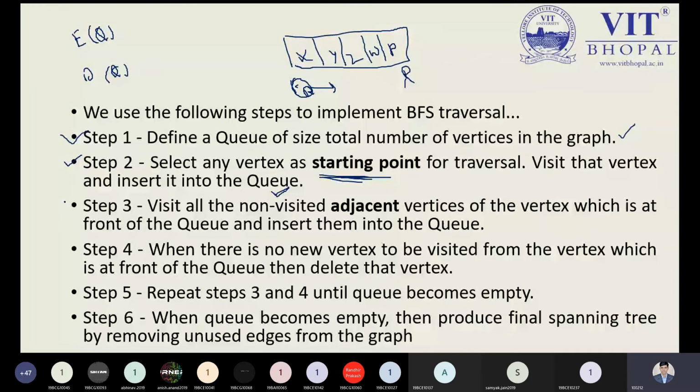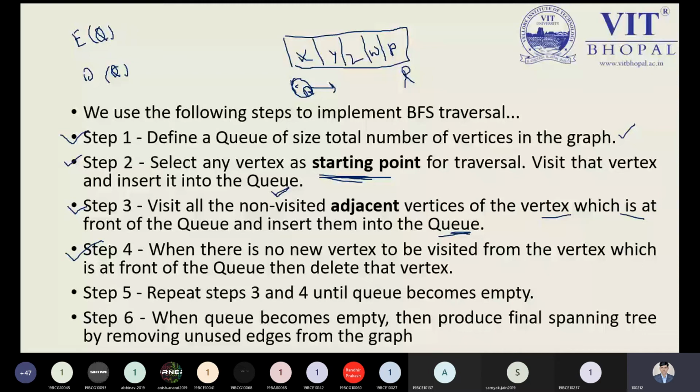The algorithm steps will be the same as DFS, but all the terms should be relevant to our queue data structure. Now we have step number 3: visit all non-visited adjacent vertices of the vertex which is at the front of the queue and insert them into the queue. So this is the point we need to keep in mind. Now what is step number 4?